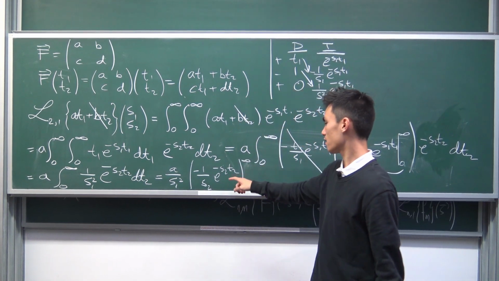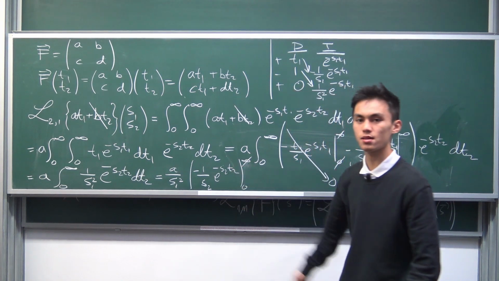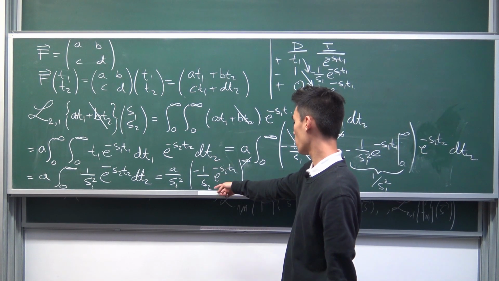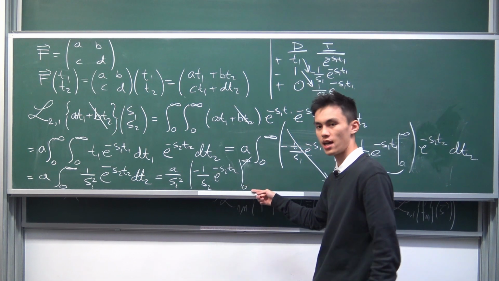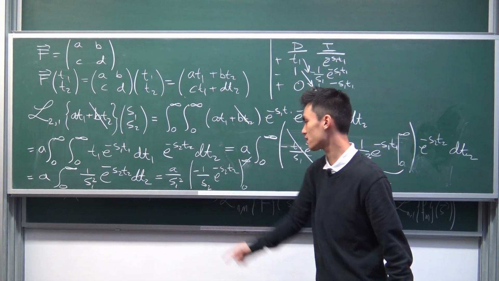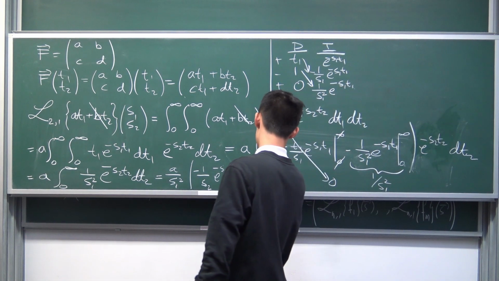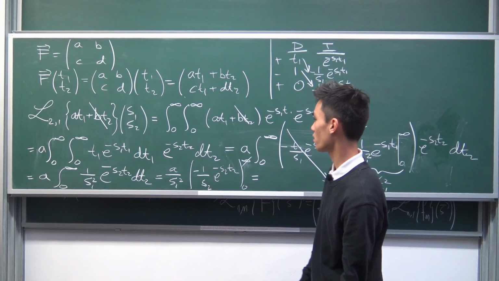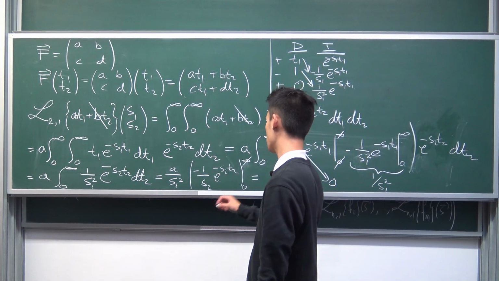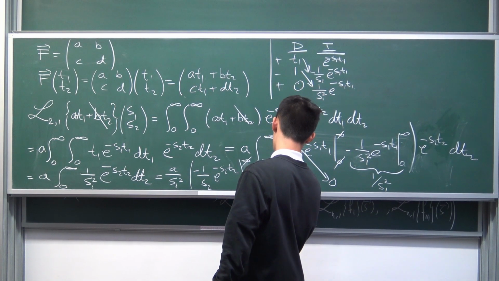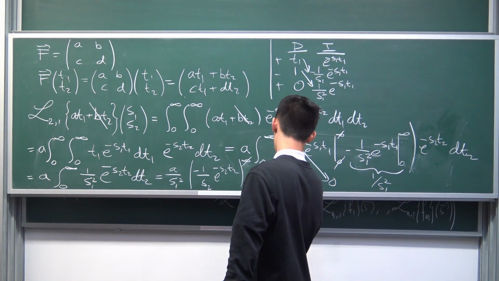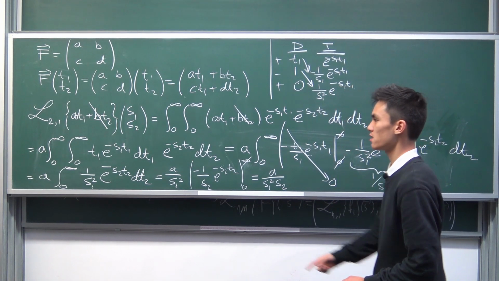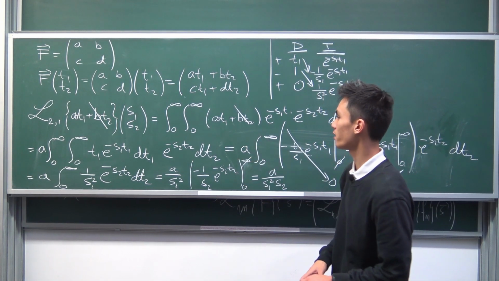At infinity, this goes to 0 because of the exponential factor, and at 0, we're going to get 1 over s2, but because this is the second part of the integration, we cancel with this negative over here. So in the end, the Laplace transform of just a times t1 with respect to those two variables, s1 and s2, is going to give us a over s1 squared times s2. So that's the Laplace transform of that little guy over there.